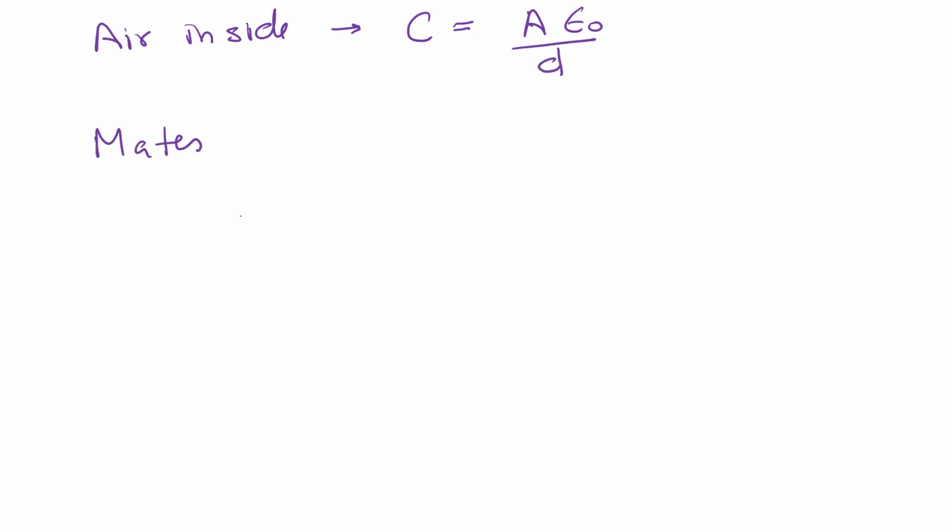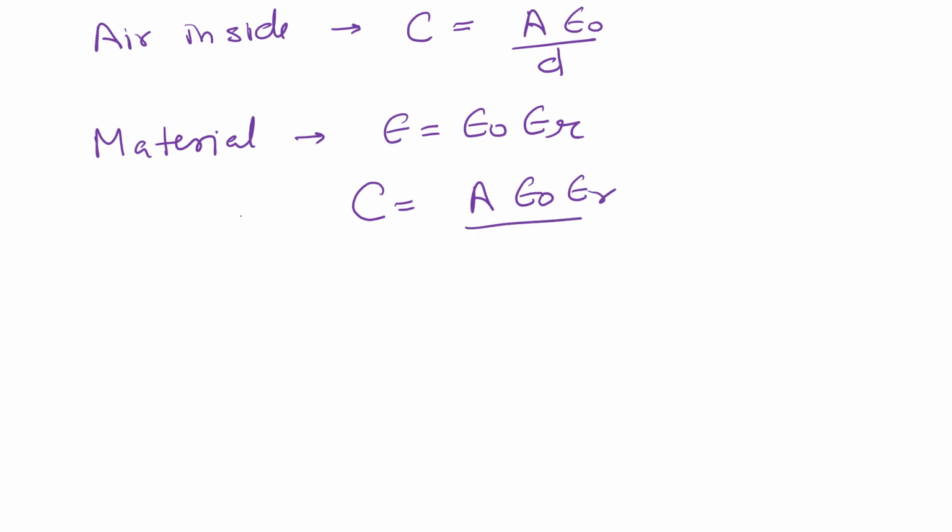If I had only air inside, the capacitance would have been A epsilon naught by D. If I put a material where epsilon is epsilon naught epsilon r, then capacitance becomes A epsilon naught epsilon r by D. If I call this C air, this becomes epsilon r times C air.